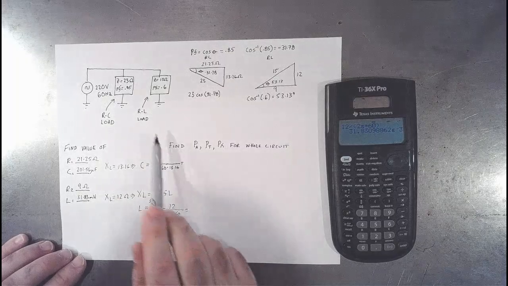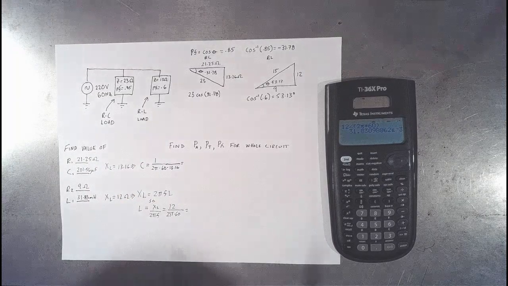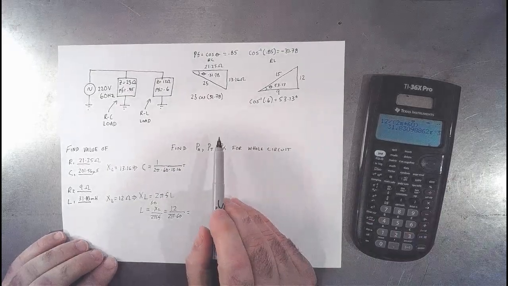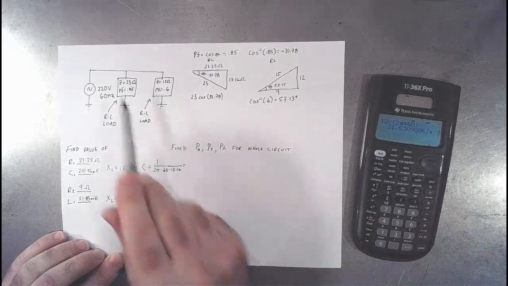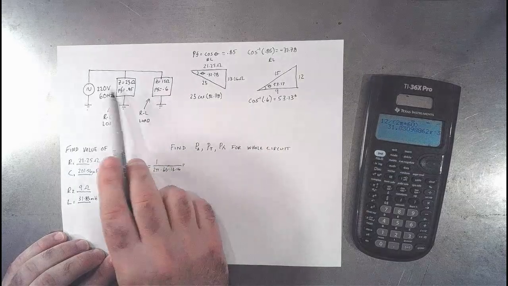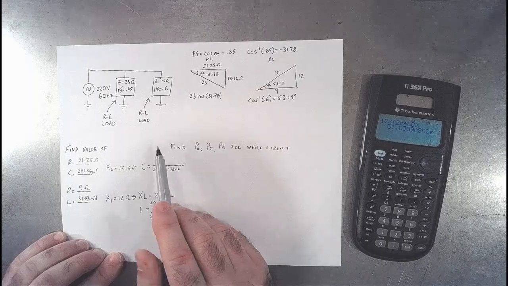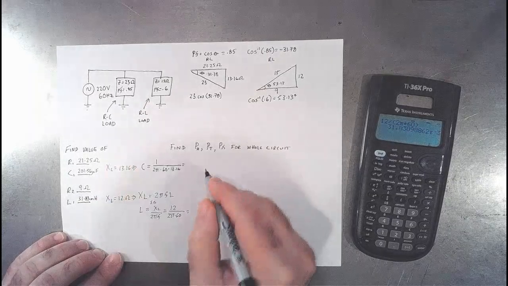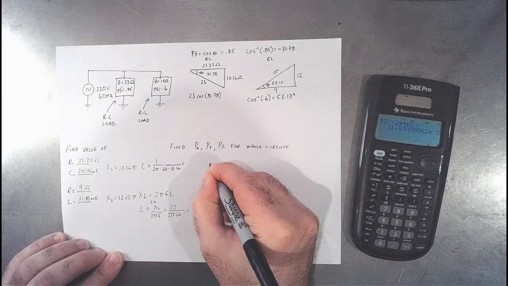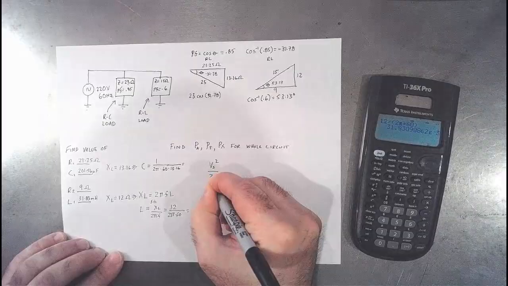Well, now I want to know, what is the power triangle for this entire circuit here? So probably the easiest thing for me to do here, since I really don't feel like calculating this current and then adding them together to find IT so I can do the power calculation, I'm going to find ZT, and then I'm going to say that the complex power is the voltage source squared divided by ZT.